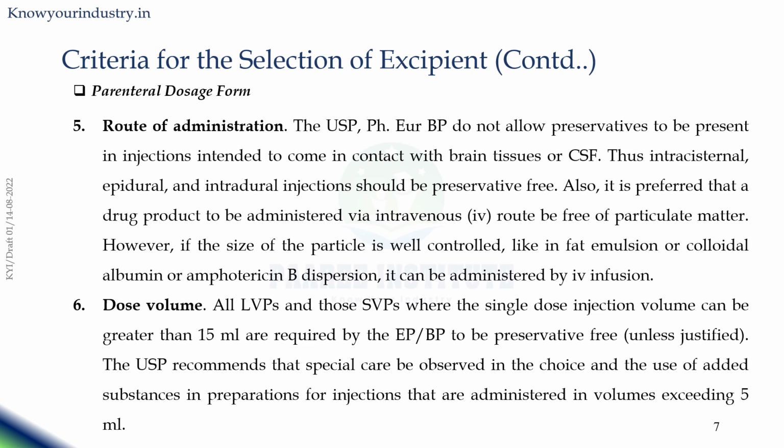Normally, if it is more than 100 ml, it is called a large volume parenteral. If it is less than 100 ml, it shall be called a small volume parenteral. The USP recommends that special care be observed in the choice and use of added substances in preparations for injections that are administered in volume exceeding 5 ml.